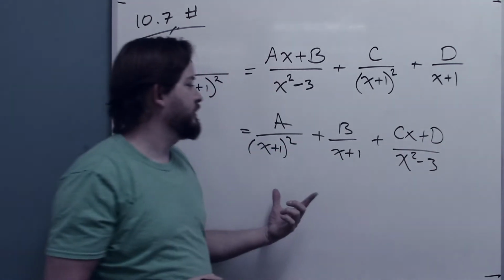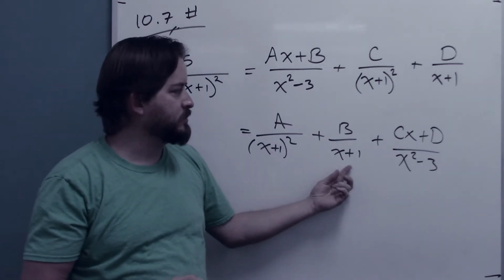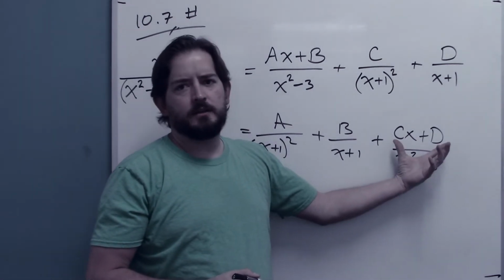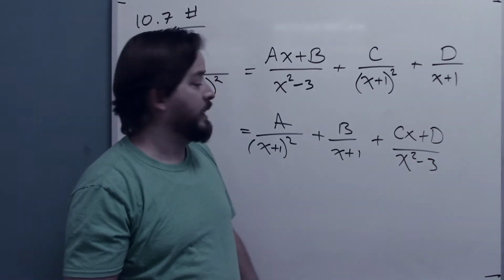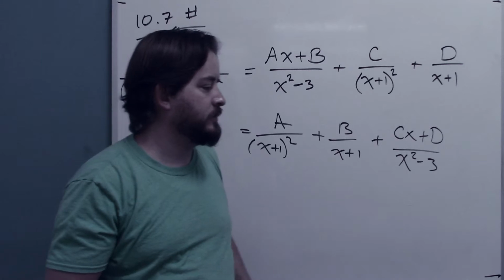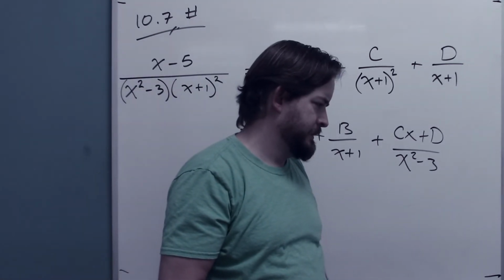It doesn't matter, right? It's a constant over an x plus 1 squared, a constant over an x plus 1, and then a constant x plus another constant over my x squared minus 3. So pick the one that looks like, that looks like b to me.